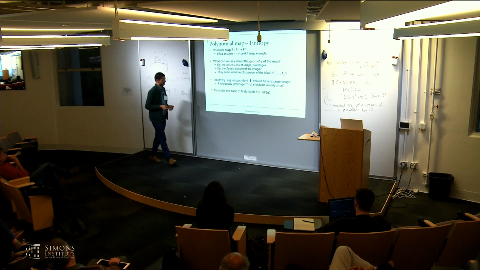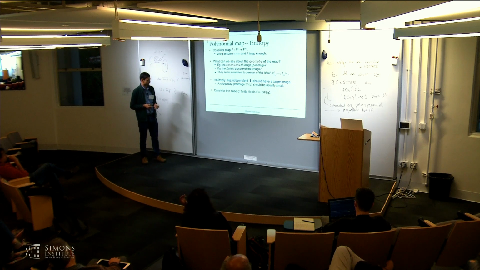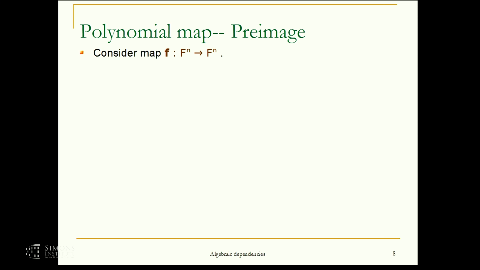Right. So say the finite field is the Galois field of size q. q is a prime power. So for something in the image, f inverse of b, the size of that set we'll denote by big N_b. So what was the entropy? There was some entropy in the title.